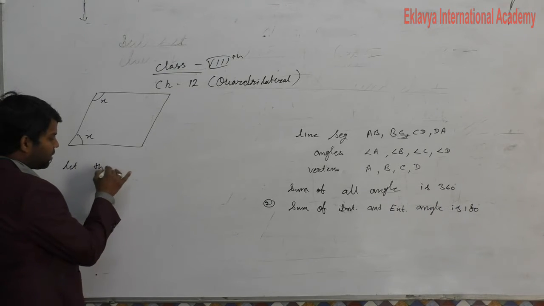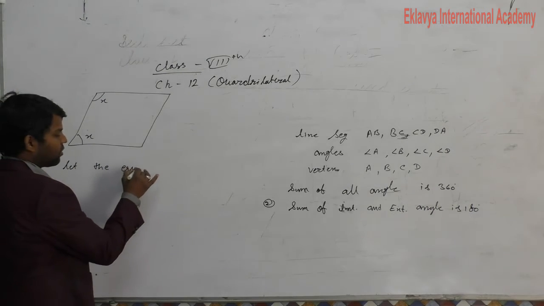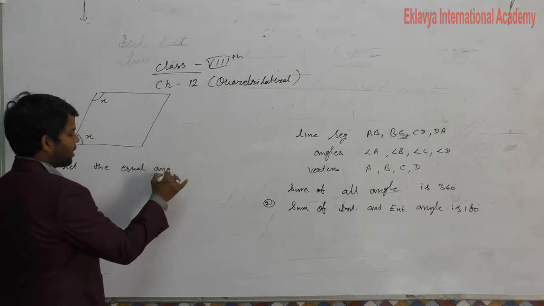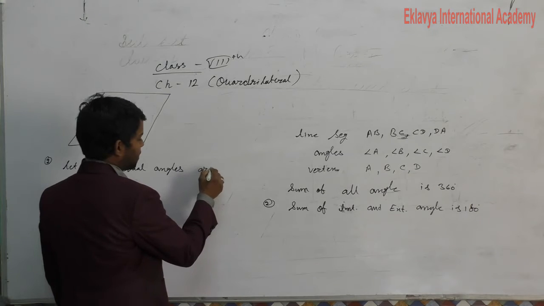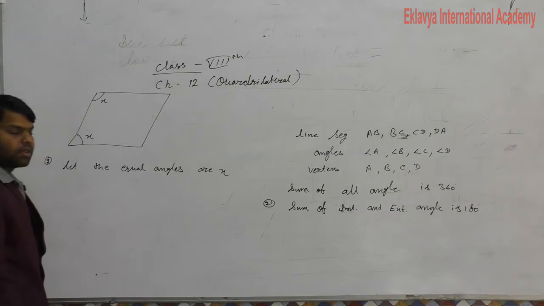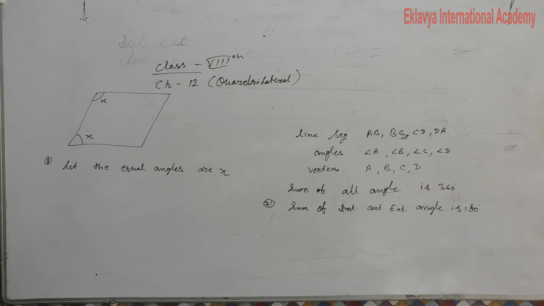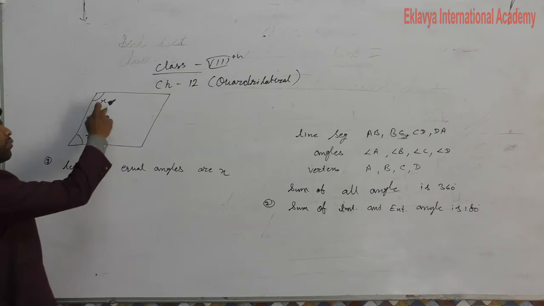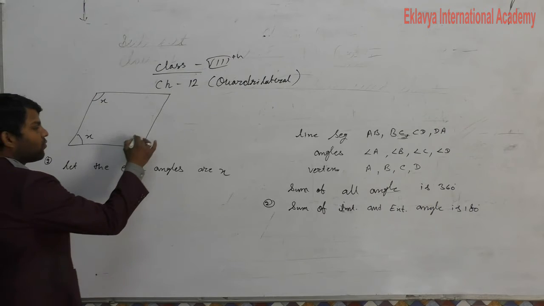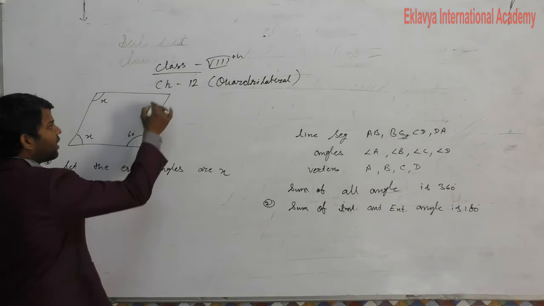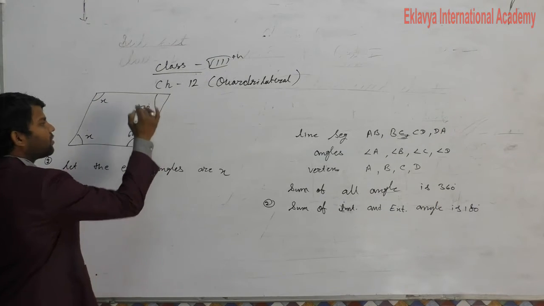First we write our statement: let the equal angles be x. Both angles are equal, then we assume both are x degrees. Here it is given that the first one is 60 and the second one is 70.